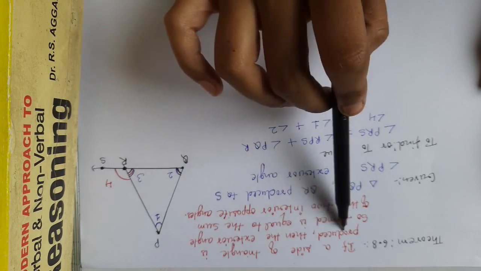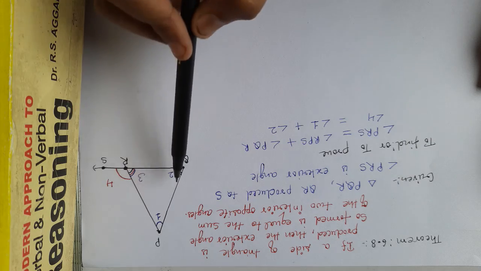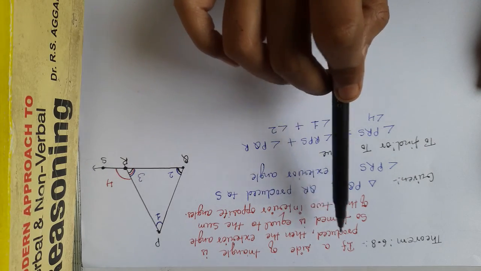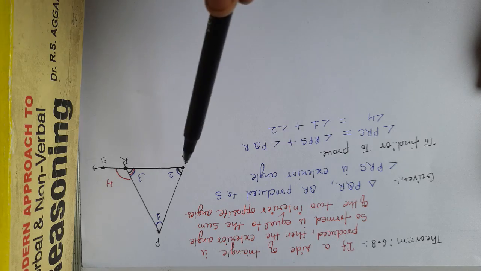If a side of a triangle is produced, let us take a triangle PQR, and a side is produced means we increase that side.